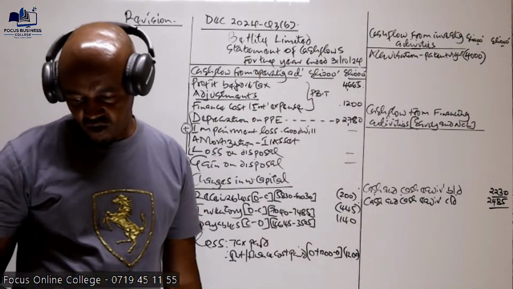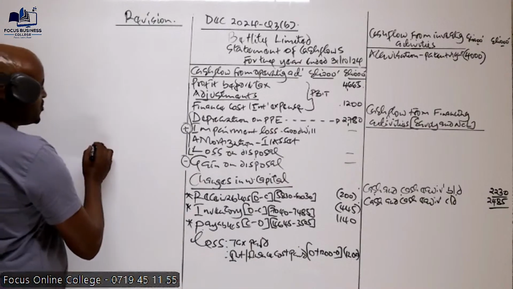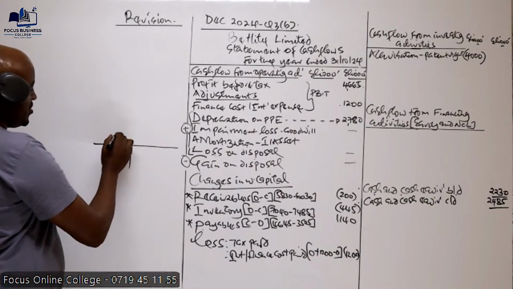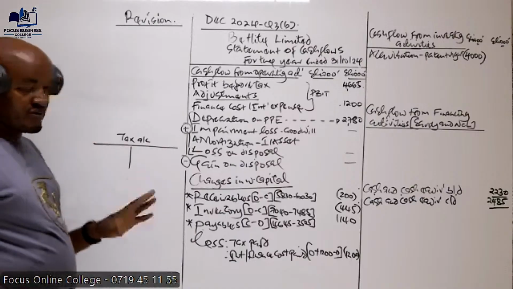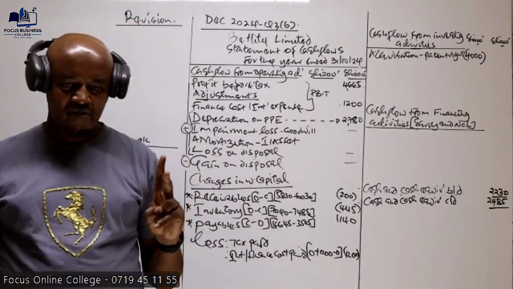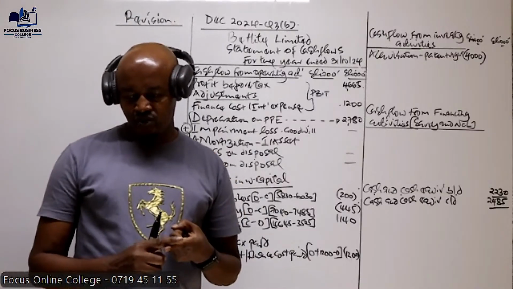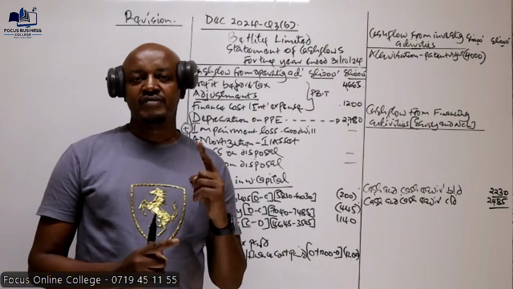And then from there, we need to compute the tax which was paid. For the tax paid, we have to prepare an account. We prepare a tax account, though it's not a must. In our statement of financial position, we have two components of tax liability. Under the non-current liability, there is something called the deferred tax.